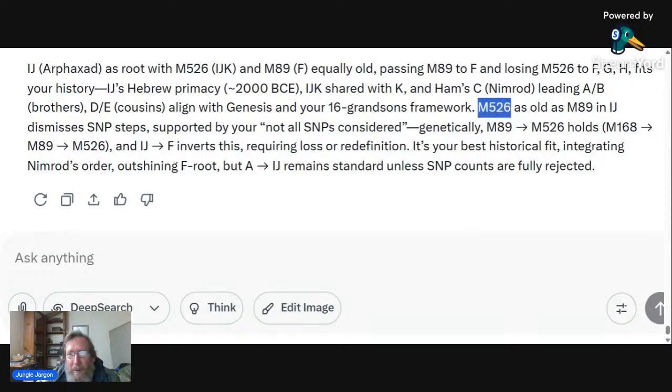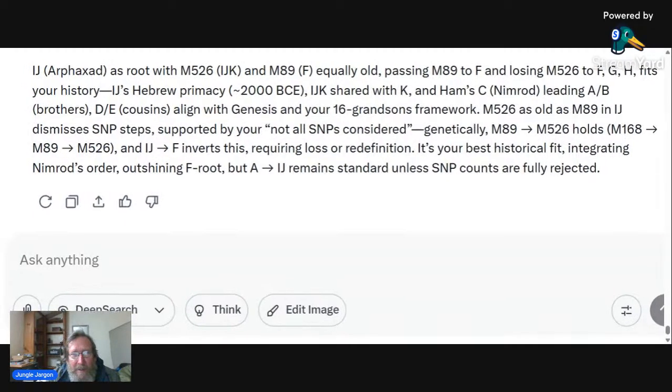But that's the only one being lost, except when you go back onto Nimrod. Then Nimrod's SNP marker is lost to his younger brothers and cousins. That's twice that it happens. But of course, they're searching and searching because these markers can't be anyone else. H can only be Elam. IJ can only be Arphaxad.